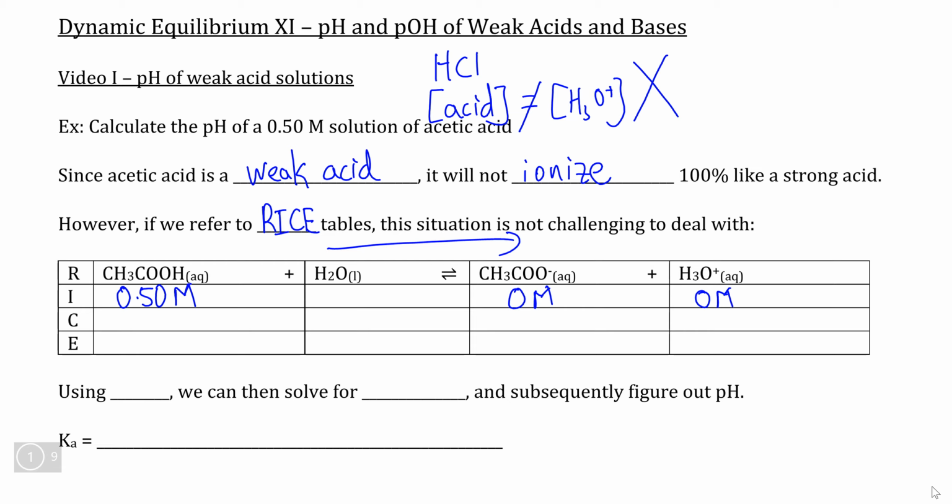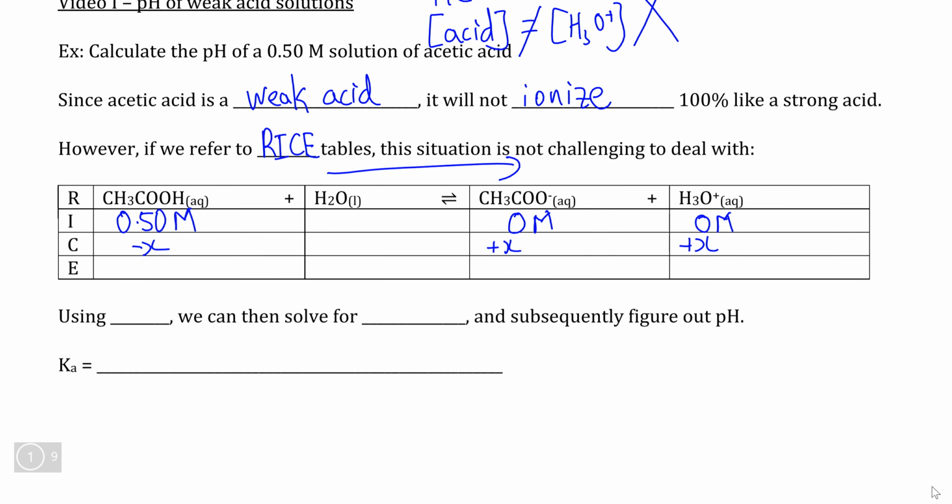Since the mole ratio between our reactants and products is 1 to 1 to 1, our change row is going to be -x, plus x, and plus x, meaning that at equilibrium, our concentrations of each of the reactants and products are 0.5 minus x, x, and x respectively.